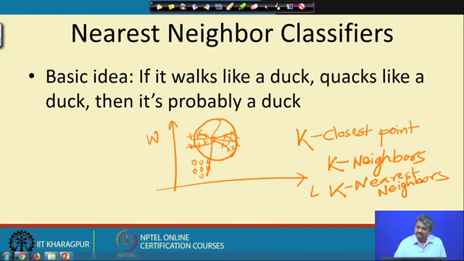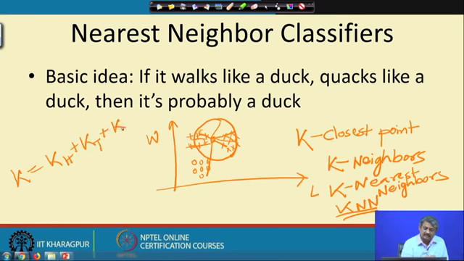K nearest neighbor, KNN. And I repeat what I did earlier, that means among this k, I find out among its neighbors how many are Hilsa, how many are tuna, and how many are shark.